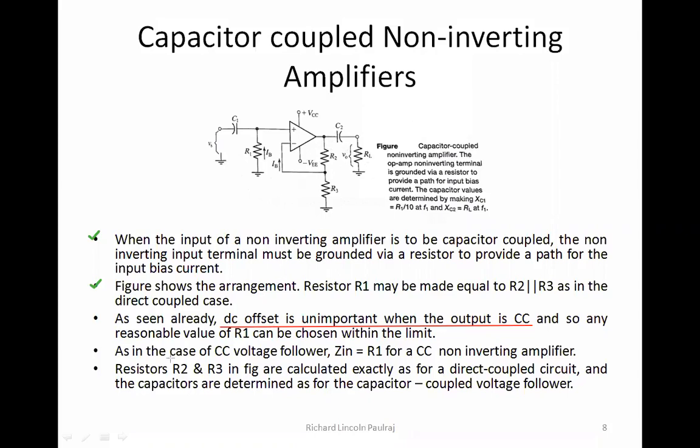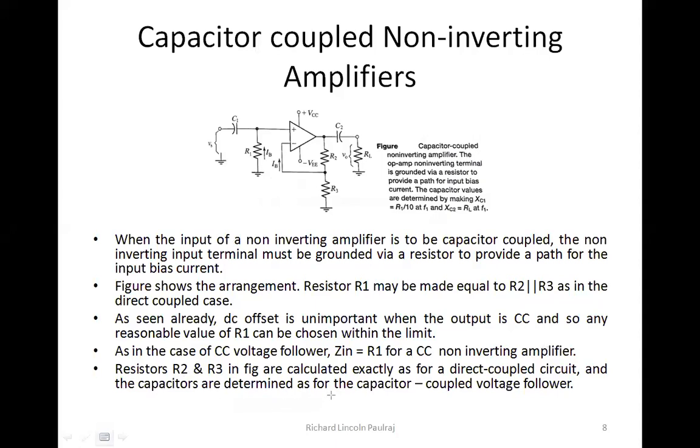As in the case of the CC voltage follower, here also Zin is equal to R1 for a CC non-inverting amplifier. So here also the same thing, Zin is equal to R1. Resistors R2 and R3 are calculated exactly like how we had seen for the direct coupled circuit, which we have seen previously, if you can recall, right?